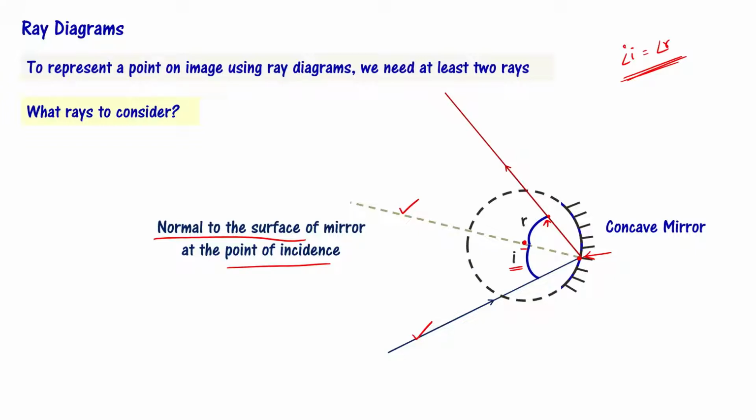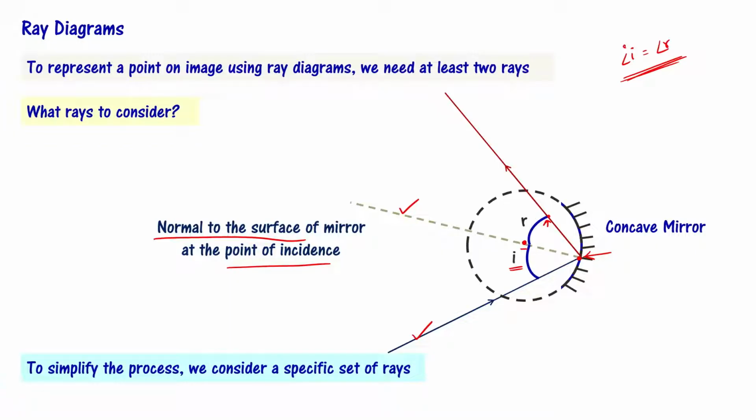To draw a reflected ray for a given ray, you have to first draw the normal and then find the angle between the incident ray and the normal, and use the same sized angle to draw the reflected ray, right? It is going to be a bit difficult. So to simplify this process, we are going to consider a specific set of rays. We are going to discuss those rays now.